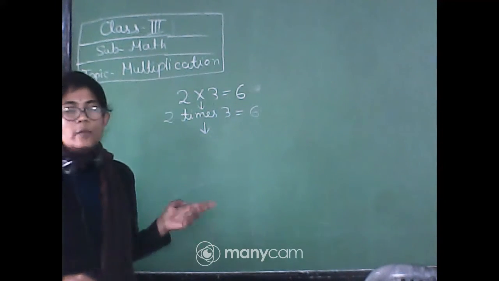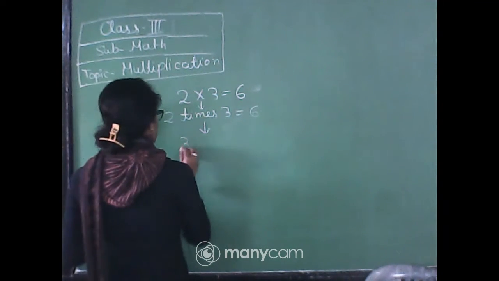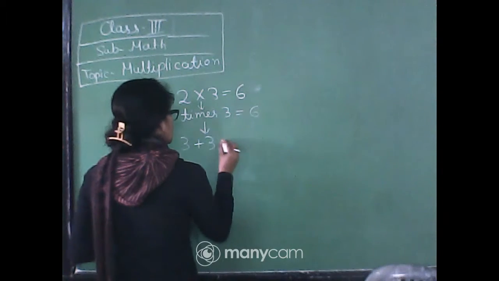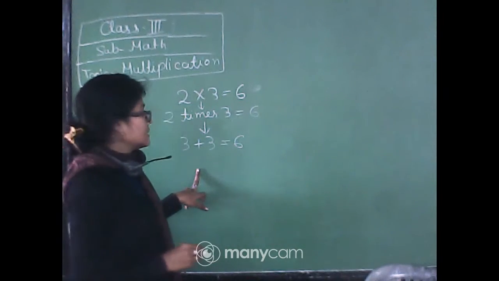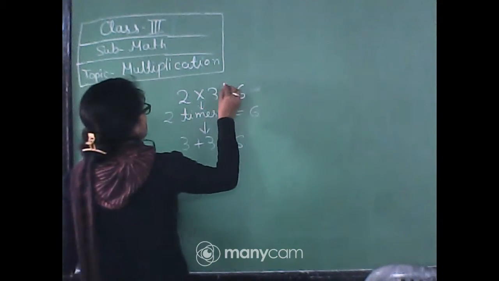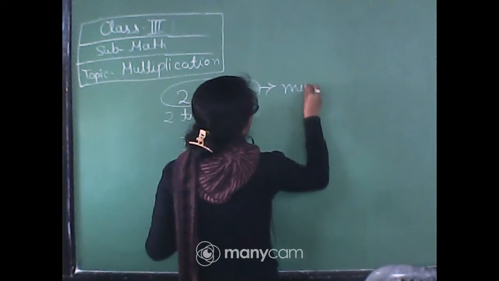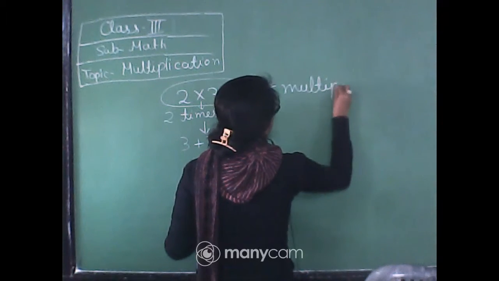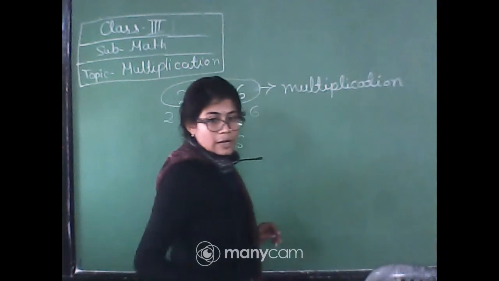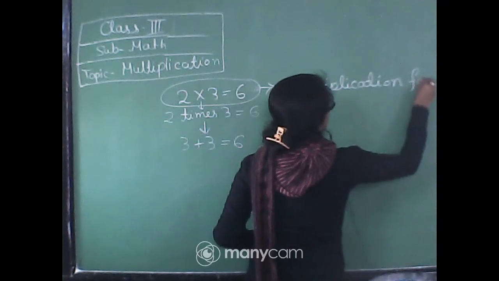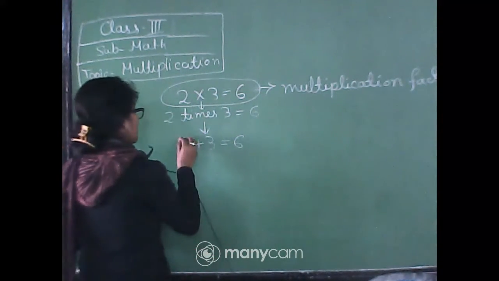Now 2 times, how many times? 2 times, which number? 3. So you can write 3 plus 3 equal to 6, isn't it? If you add 3 and 3, you will get 6. So this is called the multiplication fact. And this one is the addition. How many times does 3 repeat? Here 3 repeats 2 times.